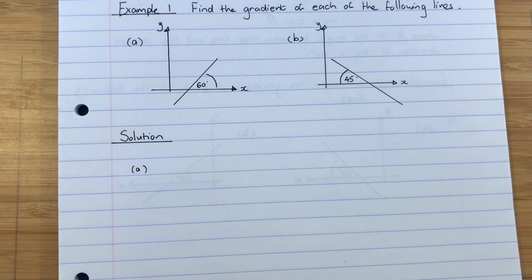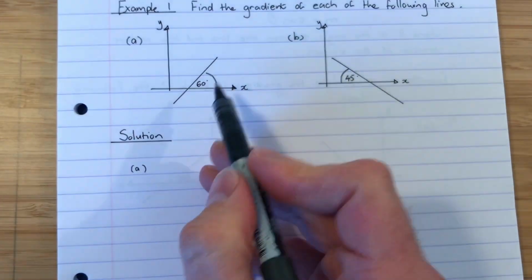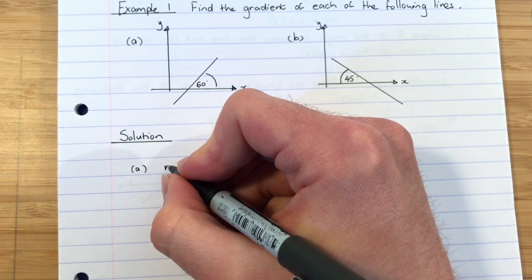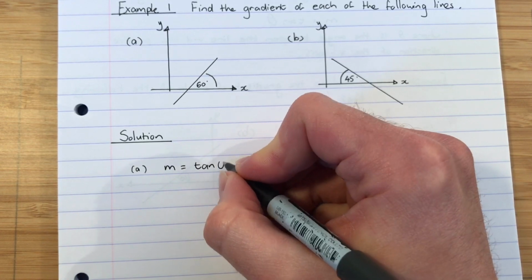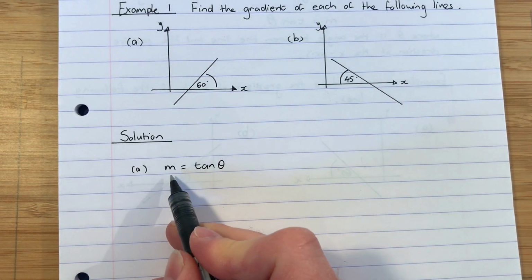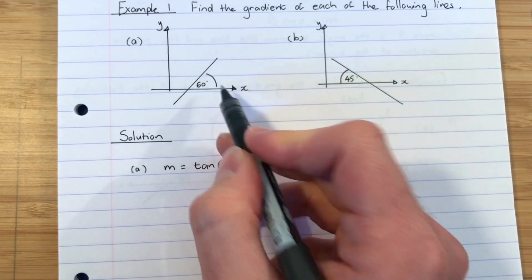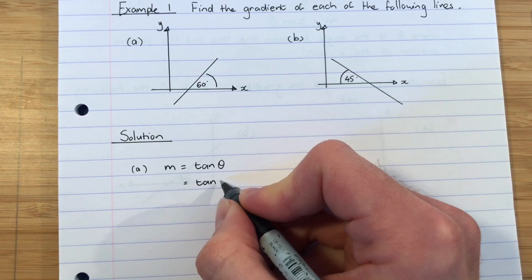Now, the only information I have is that the line makes an angle of 60 degrees with the positive direction of the x-axis. So I know I'm going to be using my formula. My formula is m equals tan theta. I want to find the gradient. I know that theta, which is the angle between the line and the positive direction of the x-axis, is 60. So m equals tan 60.